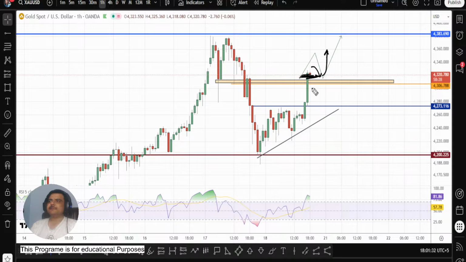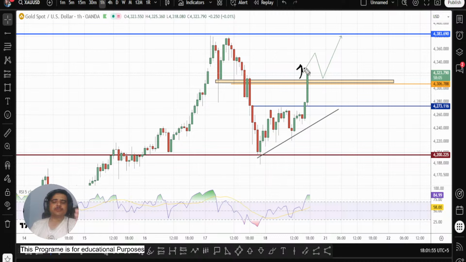But technically the Fibonacci level is 4306, so it can come back down to 4306, and right here, if in the next hour it closes below this, then we say okay, this breakout was false.